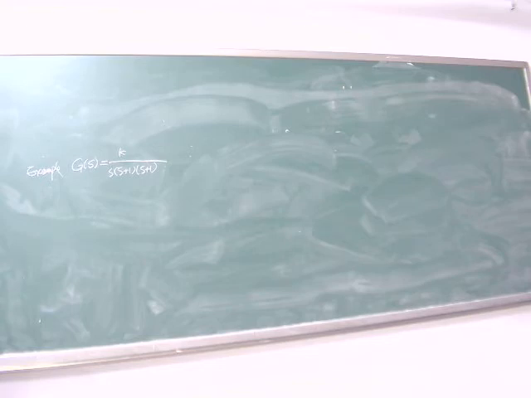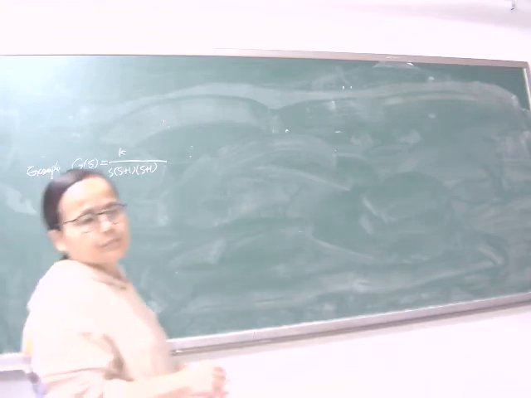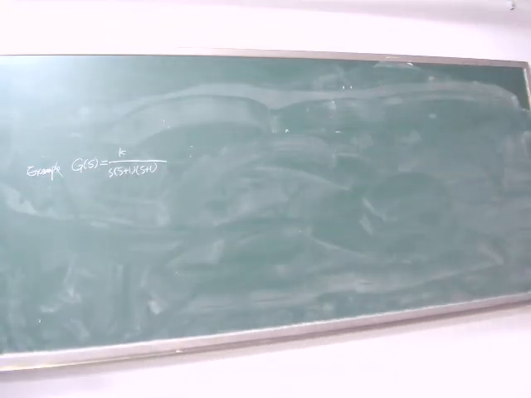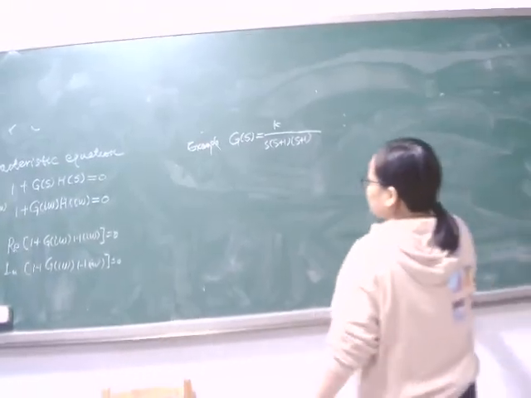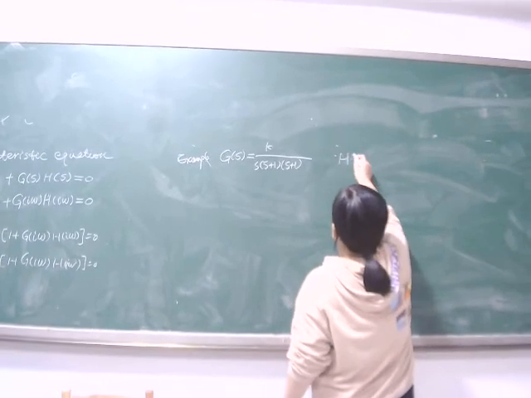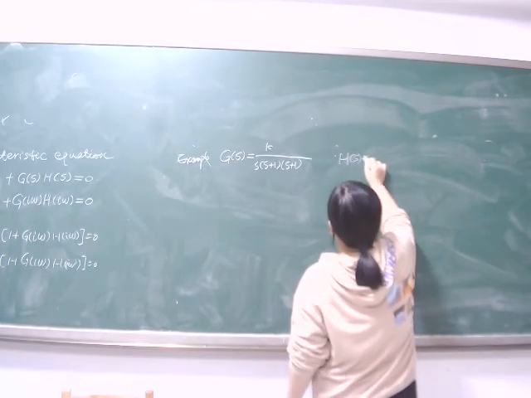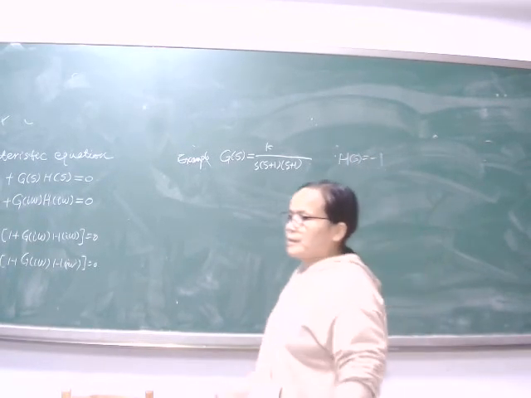G(s)H(s). There is no axis. Yeah. H(s) is minus.